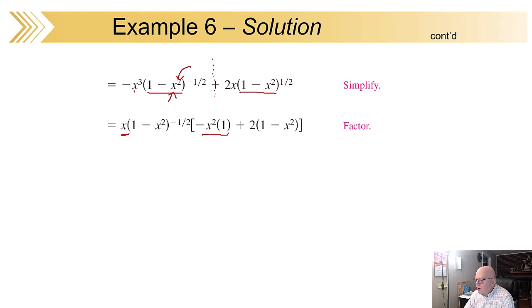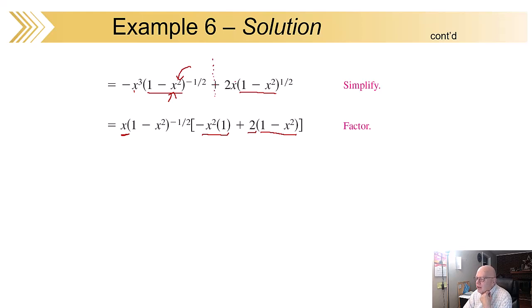And over here, you got the 2x. And we've factored out the x, so you only have the 2 left. And over here, you factored out the 1 minus x squared to the minus 1/2.